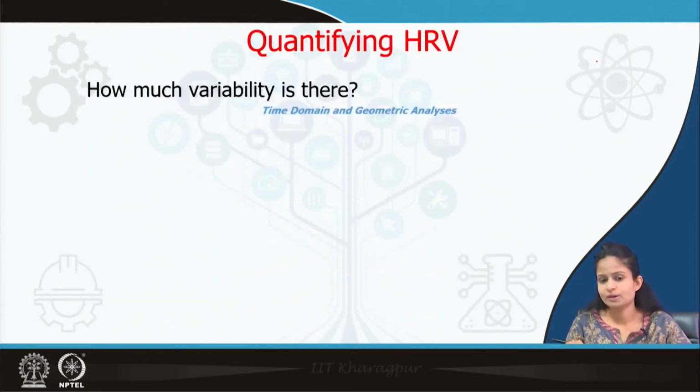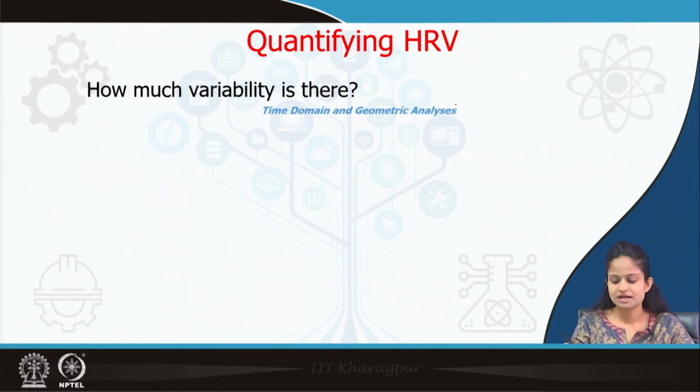So, how do we quantify heart rate variability? Now, HRV is quantified depending on various factors. If you want to quantify how much variation is there, we use time domain and geometric analysis.